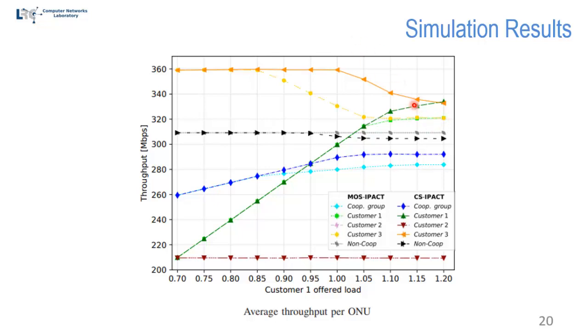Note that when customer 1 and customer 3 have the same offered load value, at this point, CS IPAC produces the same throughput for these cooperative customers. The results show that the proposed algorithm provides a fair distribution of bandwidth among cooperative customers.